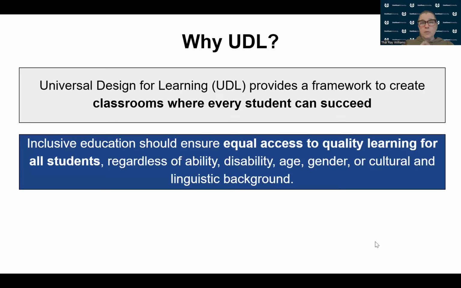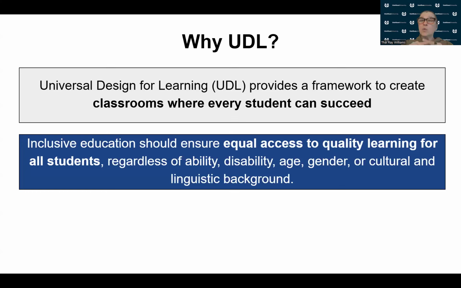Not only that, we want to make sure that all students have equal access to quality learning. It doesn't matter what their ability level is, what their age is, what grade they're in, what culture they're in, what language they use. So this is where we're looking at students when we think about using culturally responsive practices.